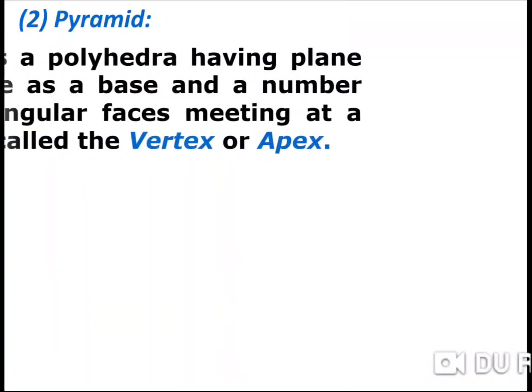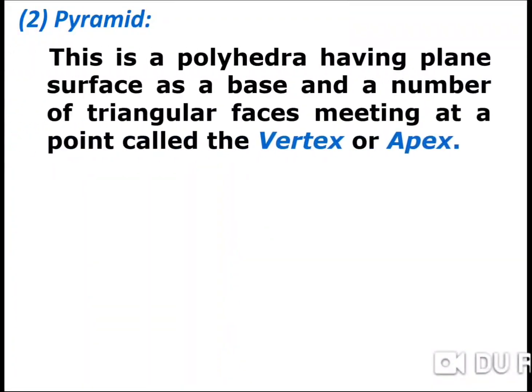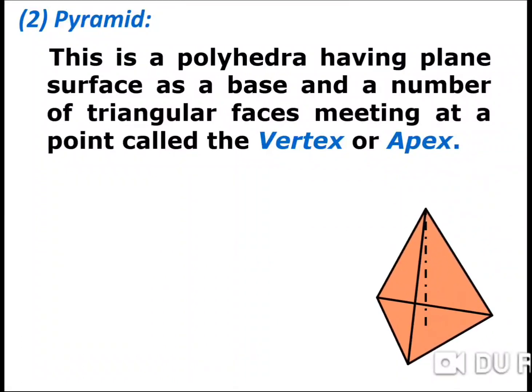Pyramid. This is a polyhedron having a plane surface as a base. The base is a plane surface and a number of triangular faces meet at a point called the vertex or apex. This is the triangular pyramid. The base is a triangle. There are 3 side isosceles triangles.